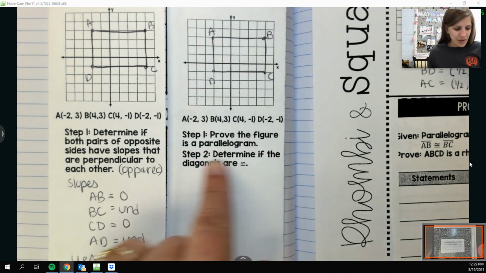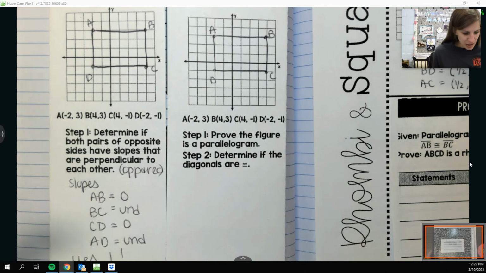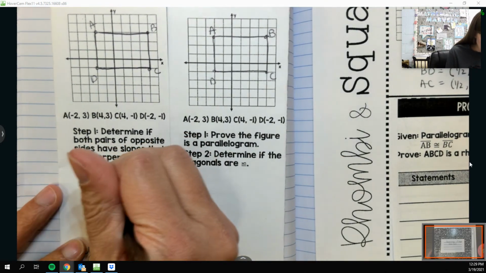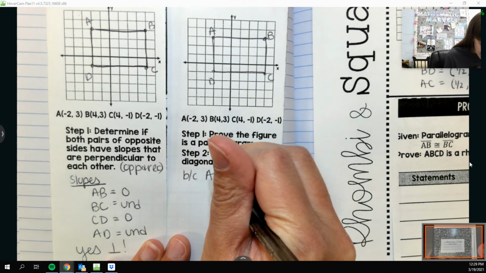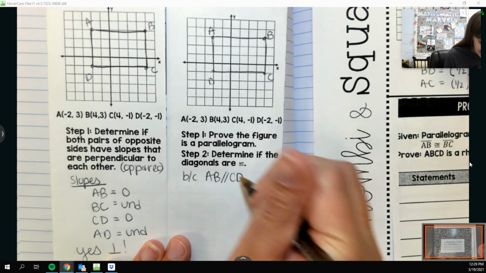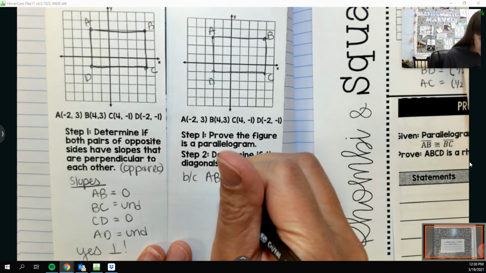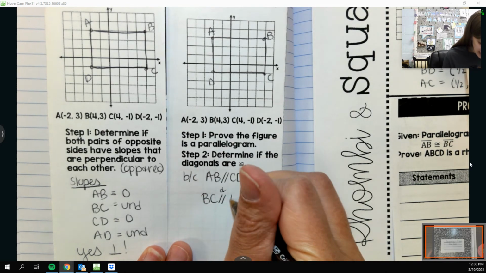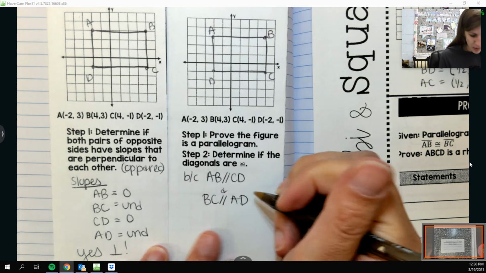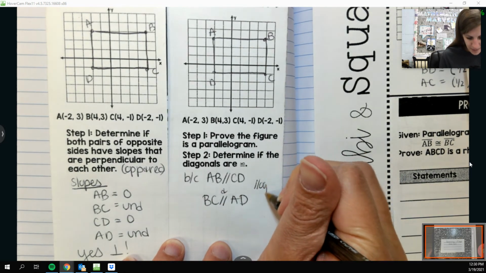We can first prove that the figure is a parallelogram. I've kind of already done that because I know my slopes. Because AB is parallel to CD because they have the same slope, and BC is parallel to AD because they have the same slope, I'm a parallelogram.